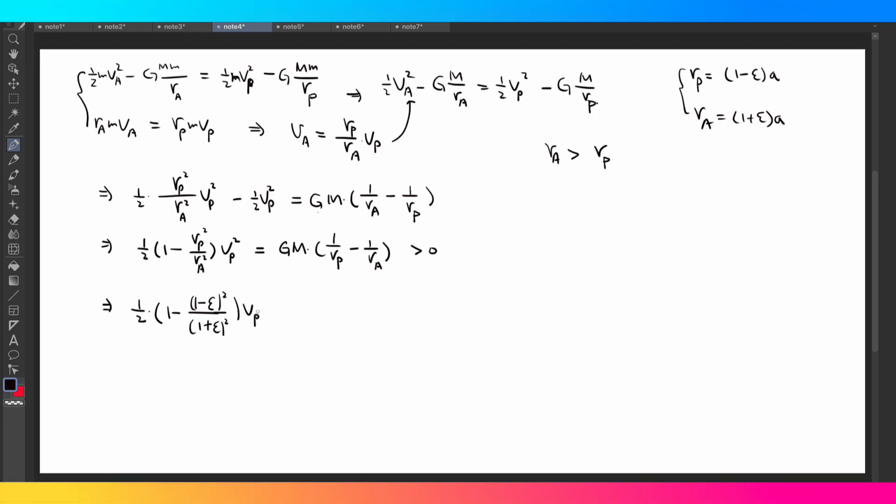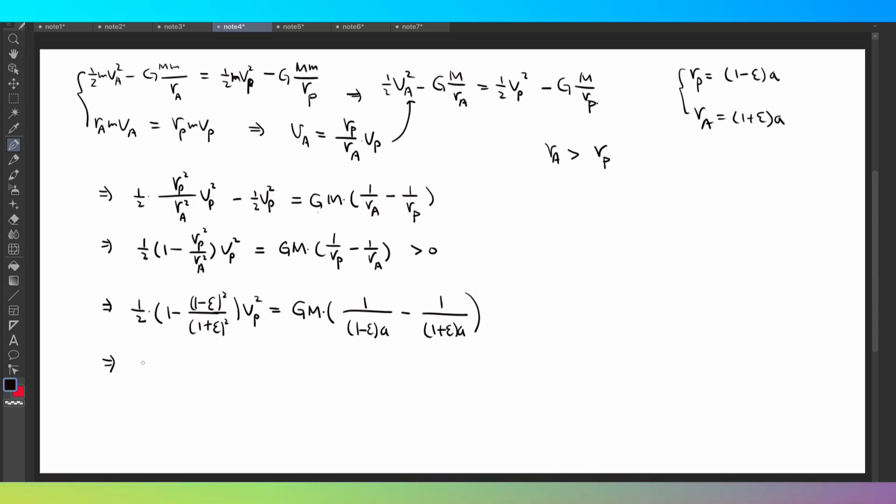And then VP squared equals GM, 1 over RP is 1 minus epsilon times A, 1 plus epsilon times A. And let's further simplify the two sides.